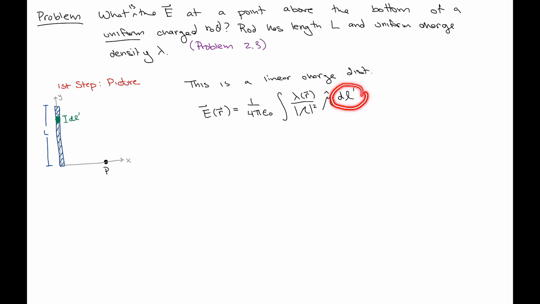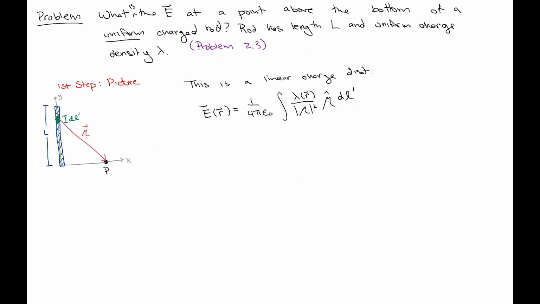That's defined there. I need to figure out what my separation vector looks like. Remember, that always points from the source charge, in this case this little chunk of the rod, to the point. It's going to look like that. So that's my separation vector. Then I can also draw the position vectors that show up in this integral.